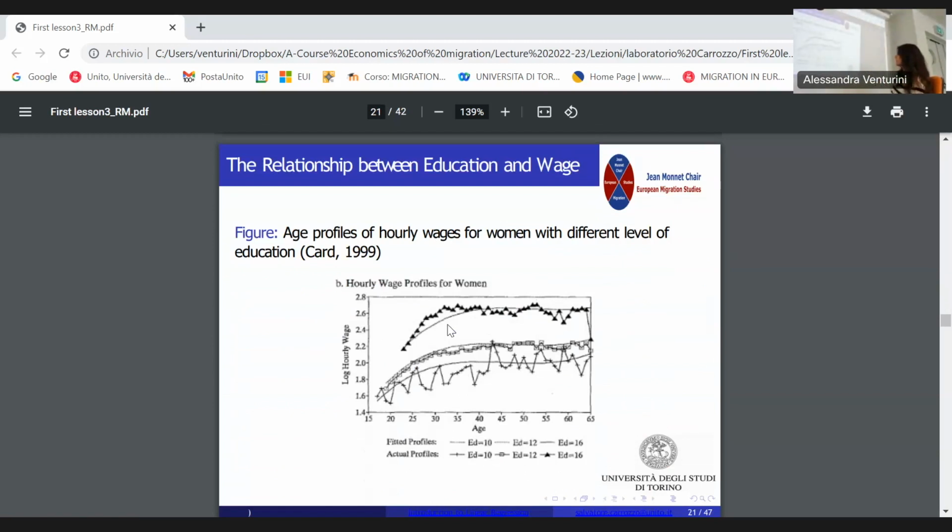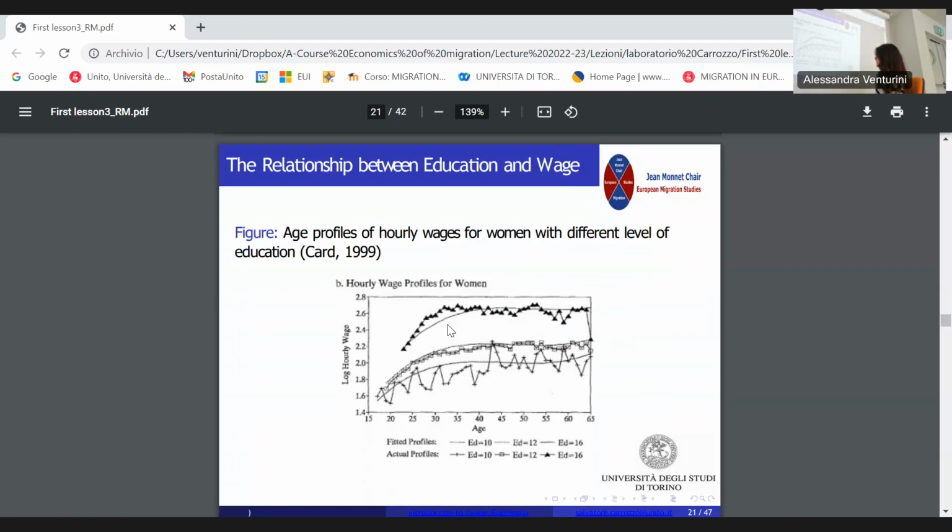This is the theory of on-the-job training: you are working, you get experience, you become more professional, and this way your wage increases.